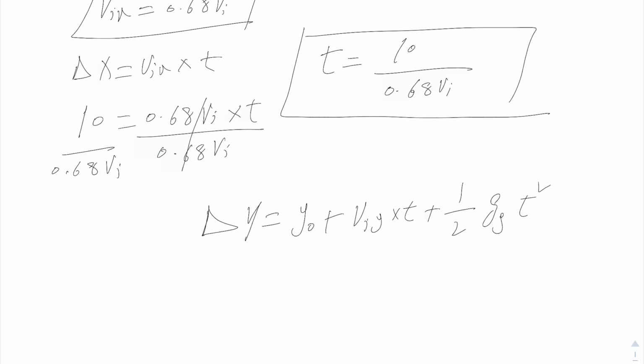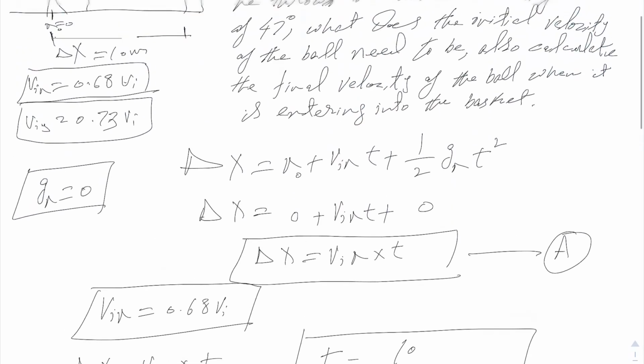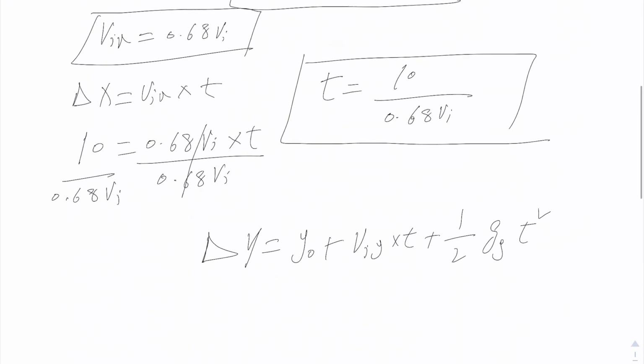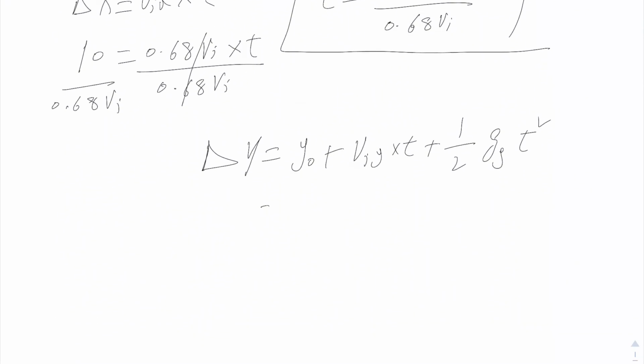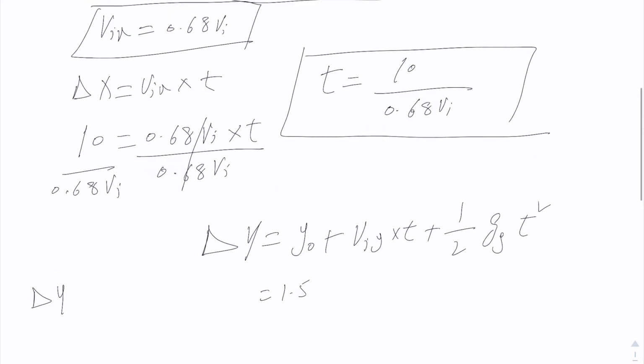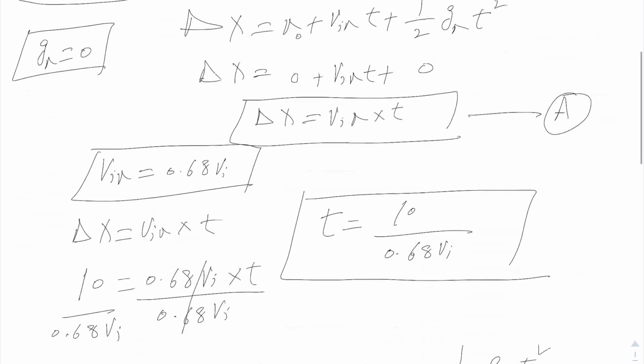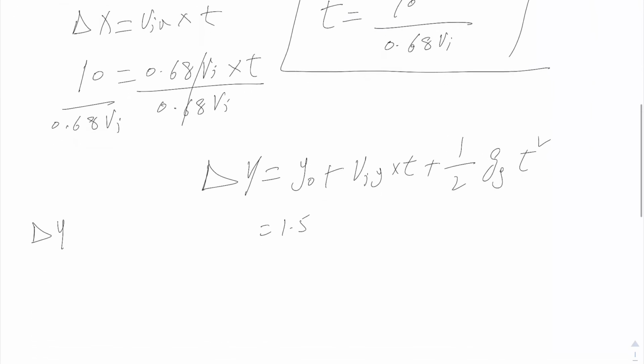So y naught is this height, 1.5 meters, and delta y is the height of the basket, which is 5 meters, which we will plug in here.